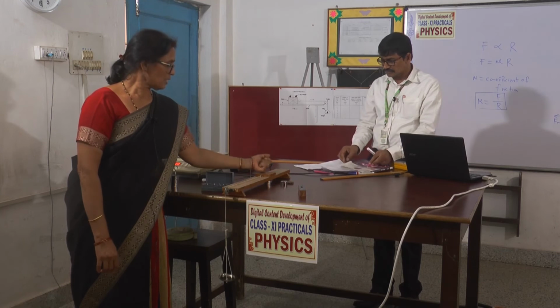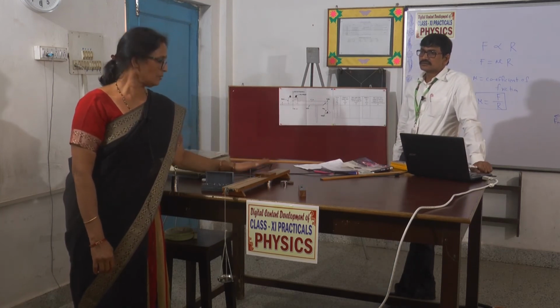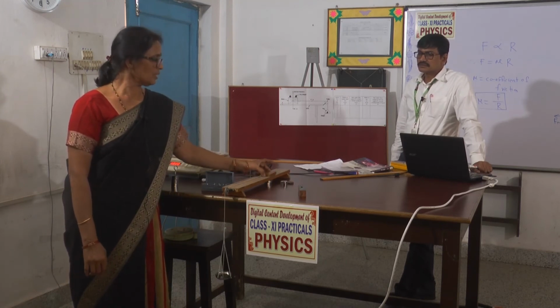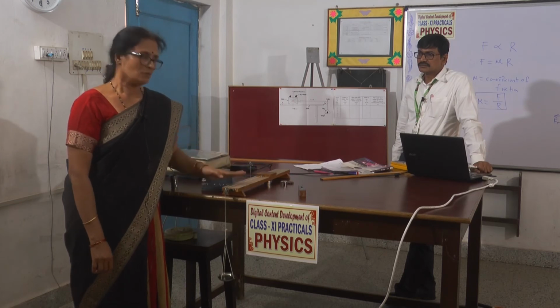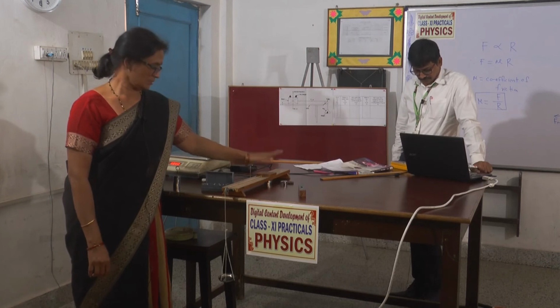The normal reaction is equivalent to the weight of the block and weight on the block. In the present case, there is no weight on the block, so the normal reaction is equivalent to only the weight of the box. One observation will be taken: limiting friction and normal reaction.